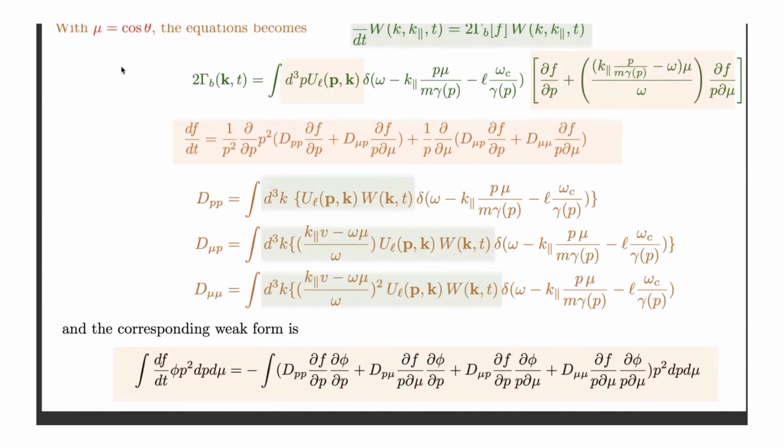So p times mu would give you P parallel, and then you have the P orthogonal that you can calculate through the difference coming from this calculation.